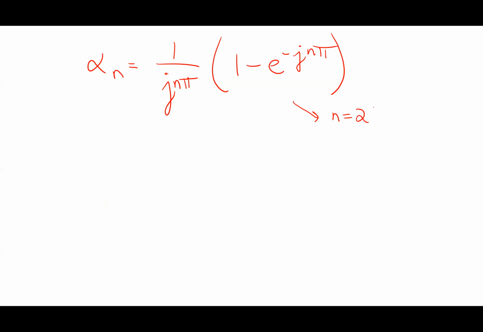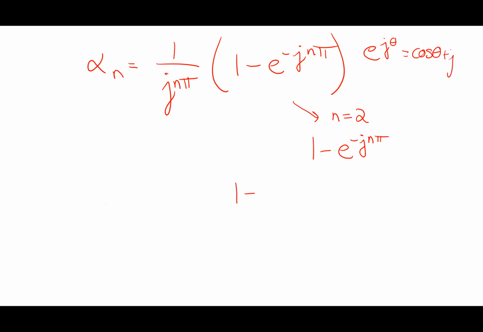So think about this: 1 minus e to the negative j n pi. I can expand e to the negative j n pi. What do we know about e to the j theta? What's that supposed to be equal to? Cosine of theta plus j sine of theta.